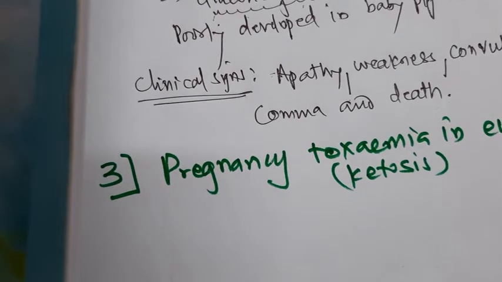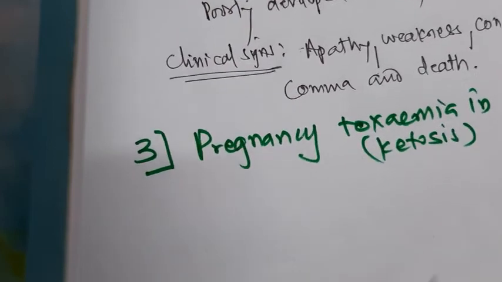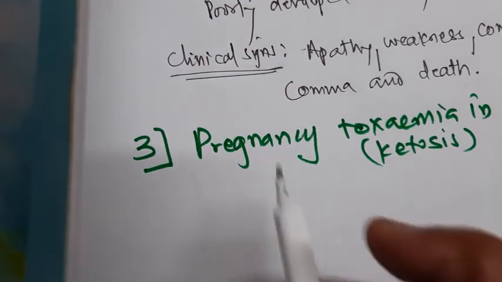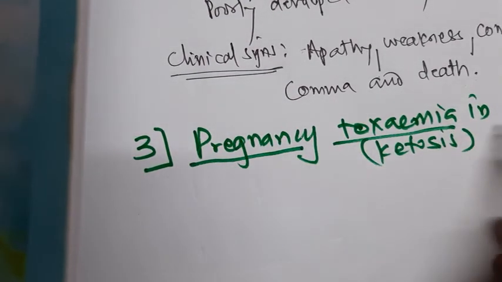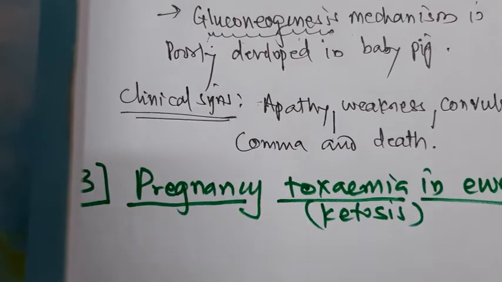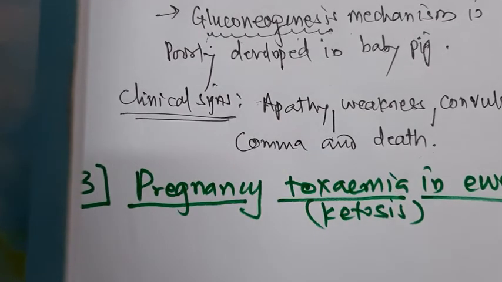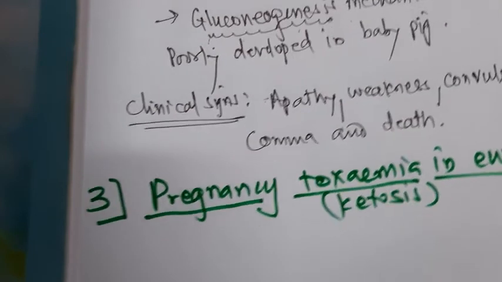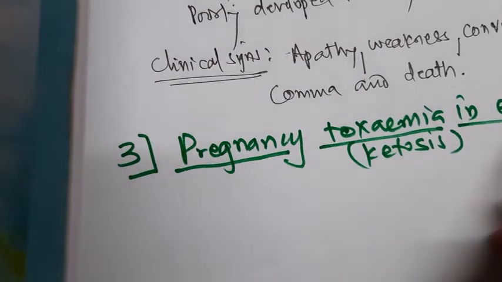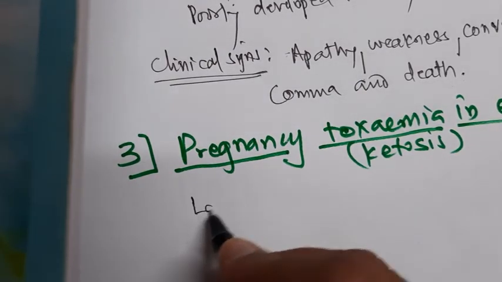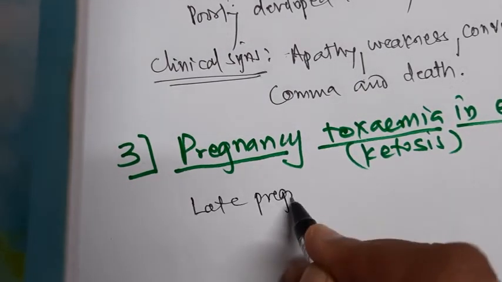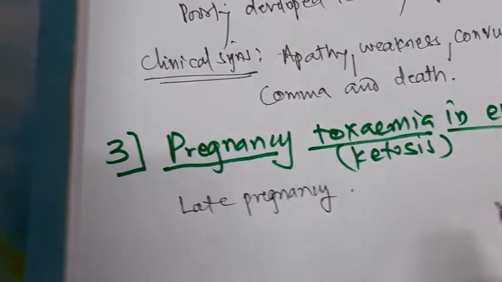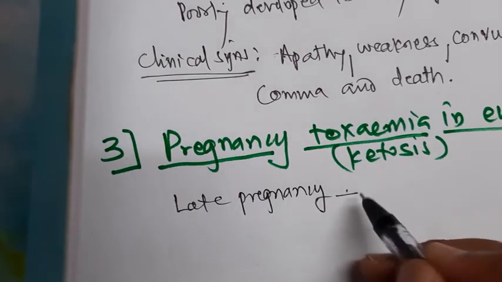This pregnancy toxemia is related to the glucose level. Generally this condition takes place in late pregnancy in sheep or ewes, where the ewes are carrying triplets.